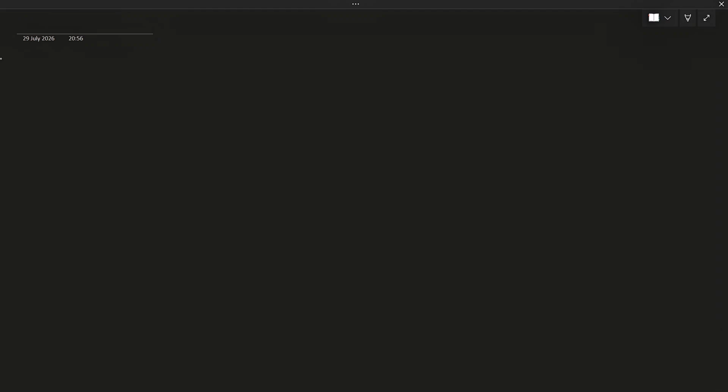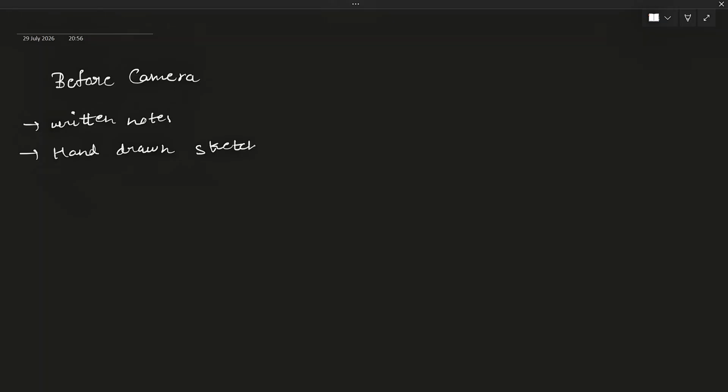So before camera, investigators depended on writing notes, hand drawn sketches, personal observations. And the problem is human memory can fail.